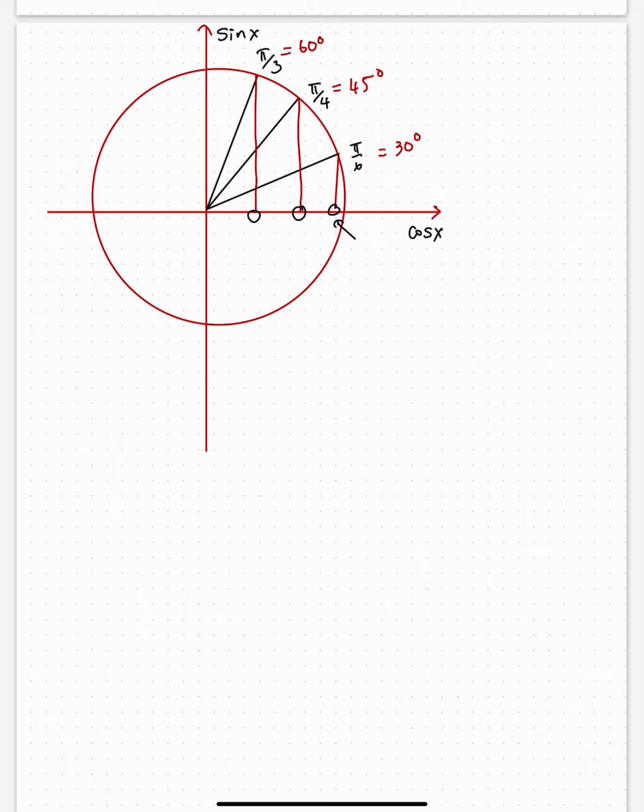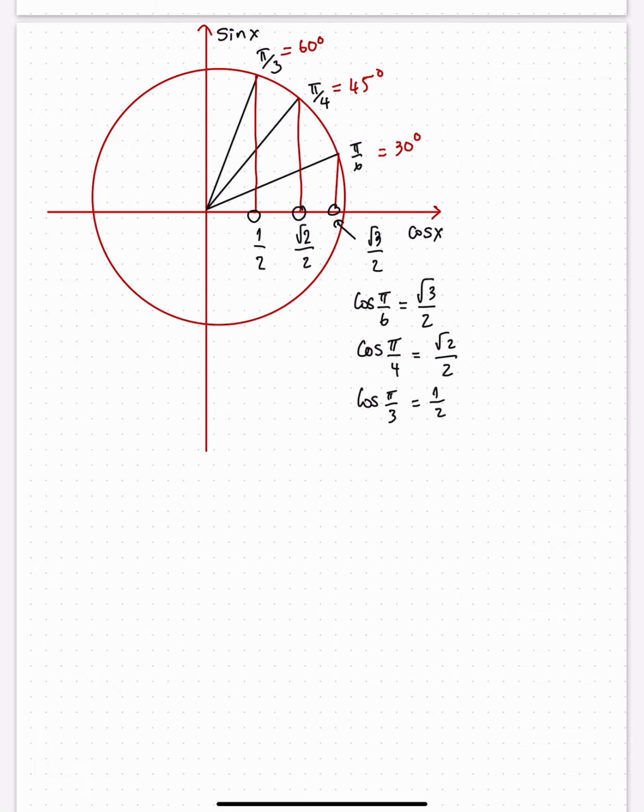So we can consider this is square root 3 over 2, and this is square root 2 over 2, and this is 1 over 2. So cosine pi over 6 is considered as square root 3 over 2, and cosine pi over 4 as square root 2 over 2, and cosine pi over 3 as 1 over 2.